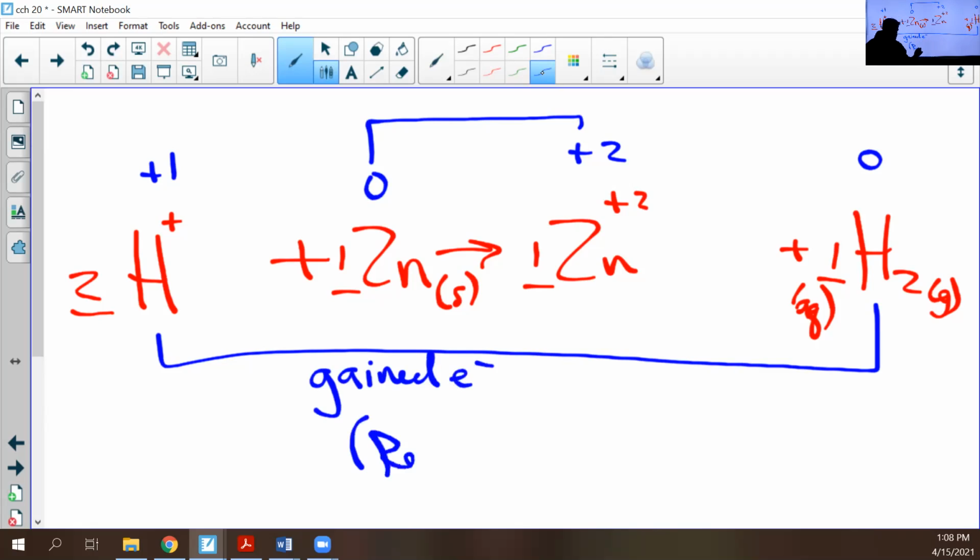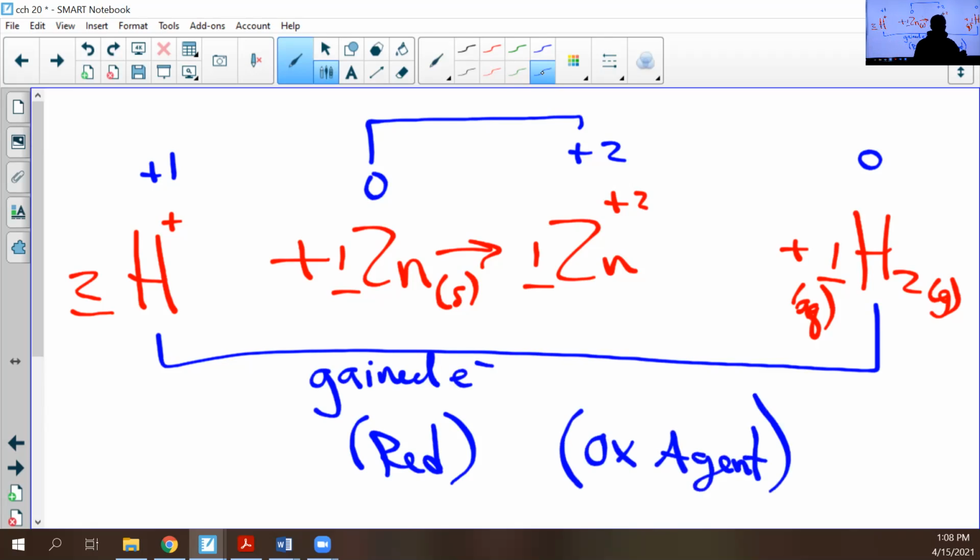So that means it was reduced, or it was the oxidizing agent. So then this must mean that this lost, and that makes sense because it became more positive, which means it was oxidized, which means it's also the reducing agent.